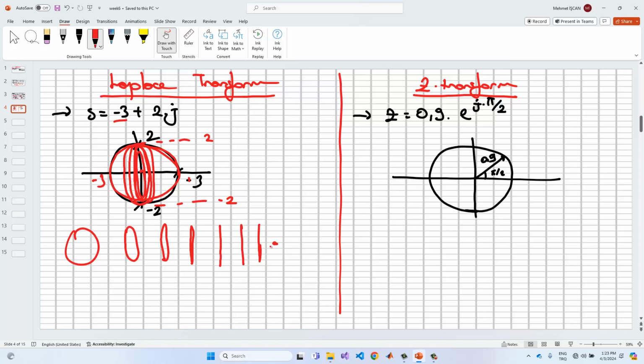And after that we have the points, okay? T increases at each time in here. But in the Z transform we have different characteristics, because we have the 90 degrees and 0.9 magnitude value in here, okay? And so this creates this kind of output. It cannot be 0, but we can always get closer to this kind of output, right?